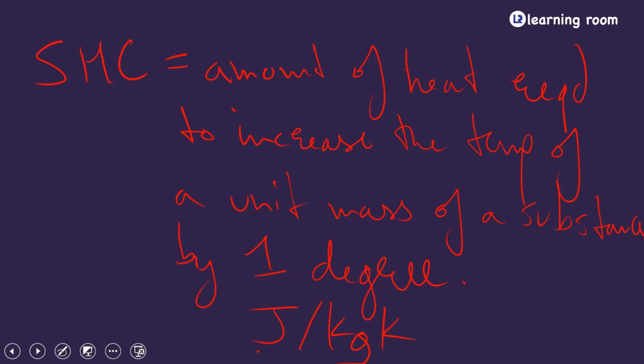Now there are a couple of types of heat capacities. The only difference is C. Here C was given by Q by m delta T, right?